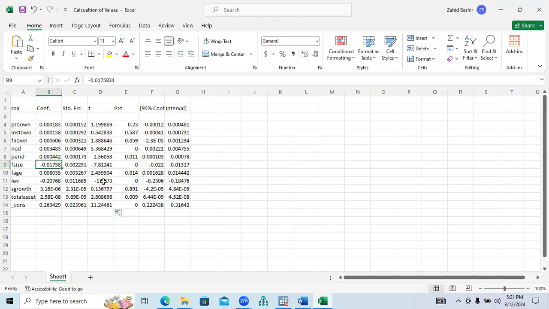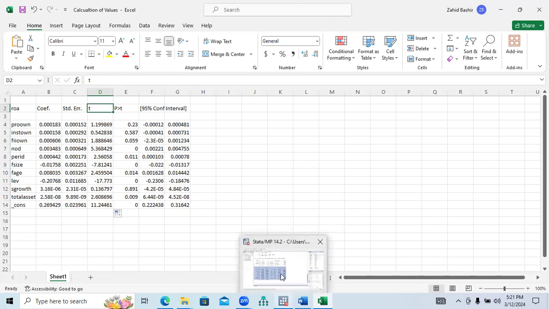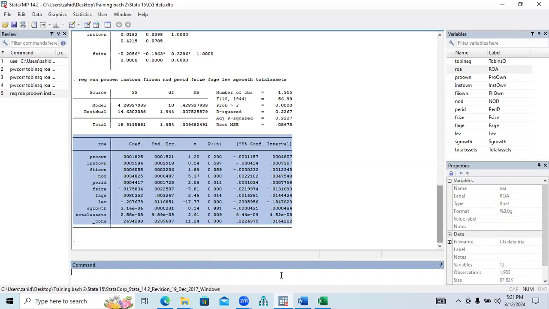So don't worry about the sign. It is okay if your t value is negative or positive, but always remember that your t value should be greater than 1.96 in order to make it significant, whether it is negative or positive. So always remember.